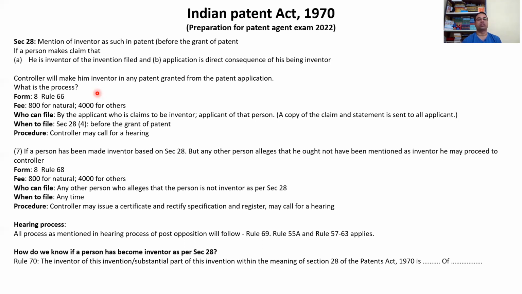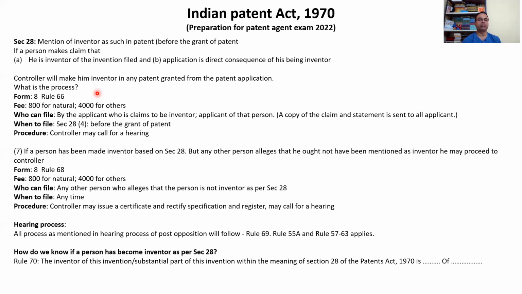Then there is also a provision. He also needs to fill form 8 under rule 68, and the fee is the same, 800 and 4,000. And who can file? Any other person who alleges that the person is not an inventor as per section 28. And when to file? Anytime.